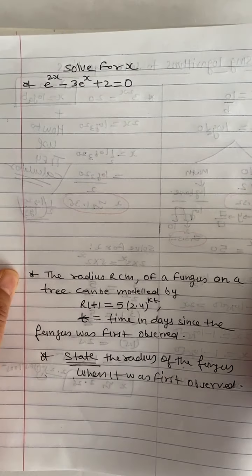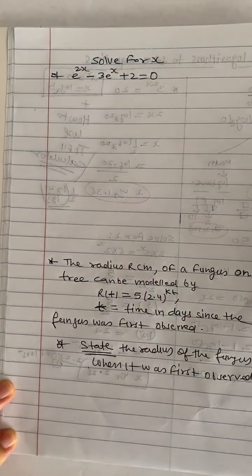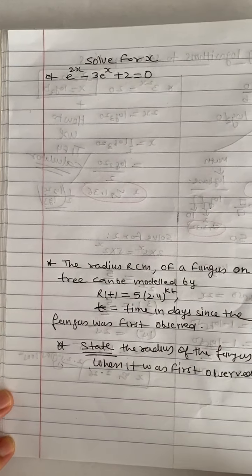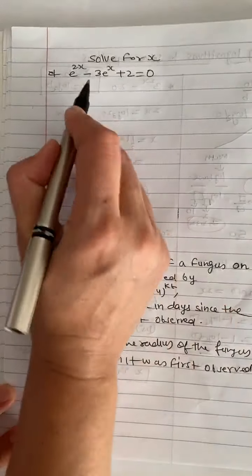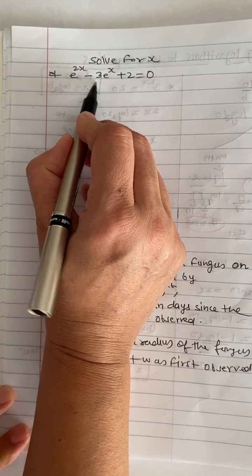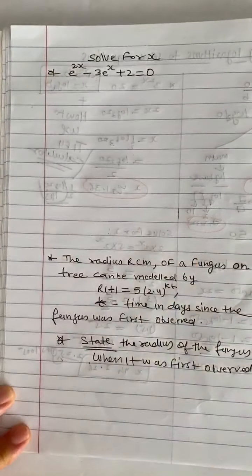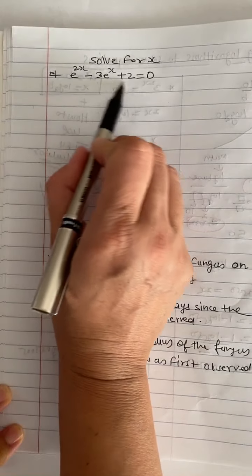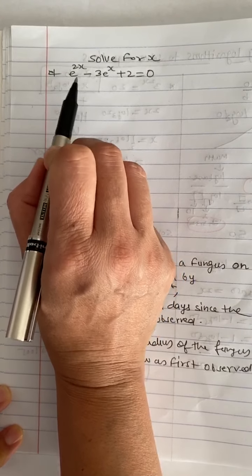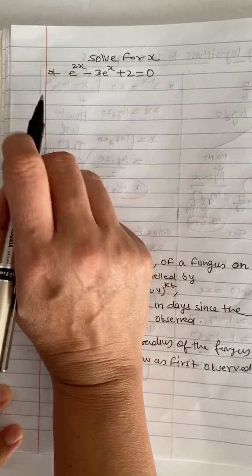Now the next one is an exam style question, and most of the time you will see this question appearing in exams. So this is e to the power of 2x minus 3 e to the power of x plus 2 equal to 0. If you look at this, it is a quadratic equation in e to the power of x.